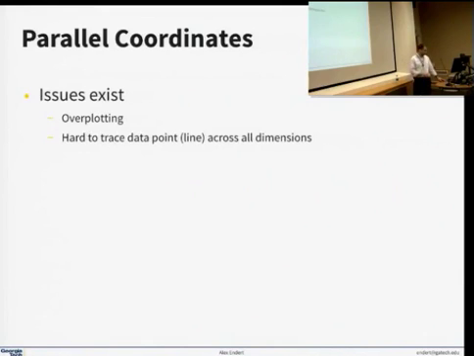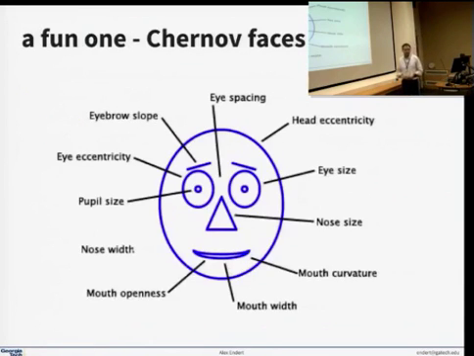What other techniques exist, right? This is a fun one, right? Who here has seen this? Oh, a few of you. Great. So this is an interesting approach for showing hypervariate data, where you can create the icon of a face, and you have these visual attributes, right? So not like color, size, shape, whatever, but actually things like mouth width, mouth openness, nose width, pupil size, right?